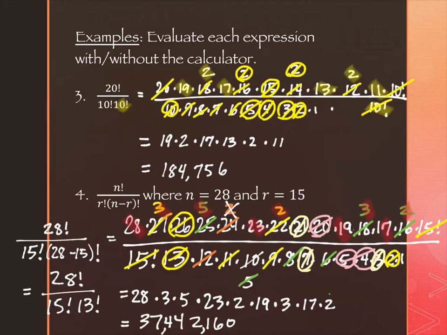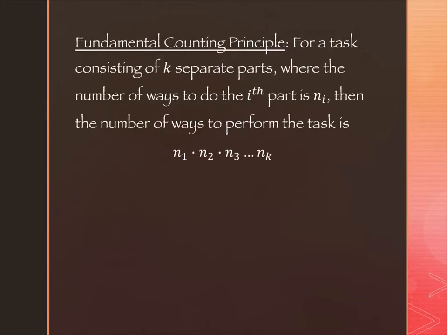Okay, this is all leading up to using this inside of a couple things showing up in the next couple lessons. The first thing that we're going to use is the title of our lesson, which is called The Fundamental Counting Principle.